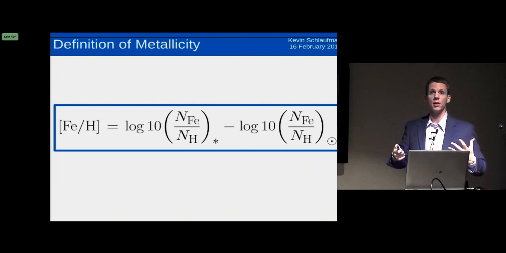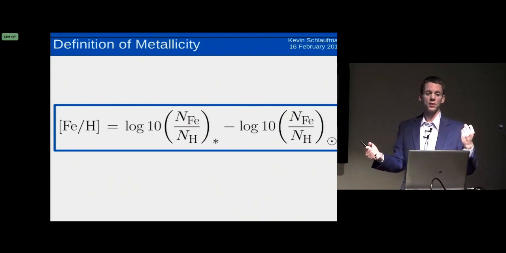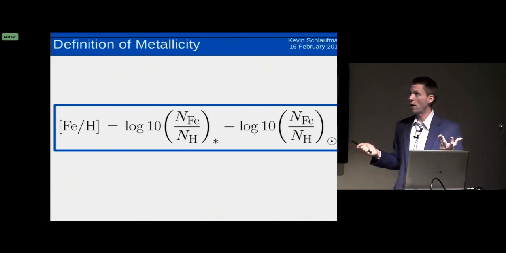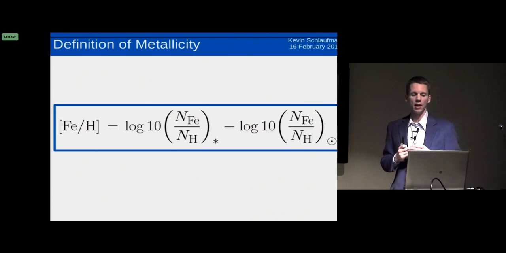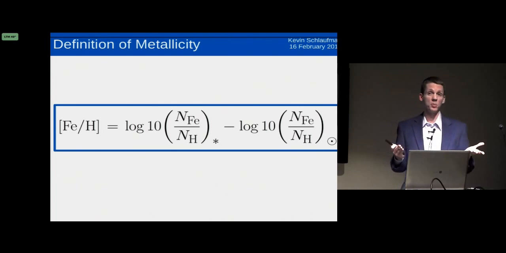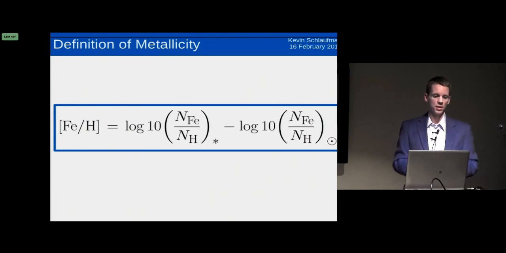It has the same ratio of the number of iron atoms to the number of hydrogen atoms. If I were to say that a star had a metallicity of plus 0.3, that would mean that it had twice as many iron atoms relative to hydrogen atoms as the Sun. And if I said it had a metallicity of minus 0.3, I'd be saying it had half the number of iron atoms relative to hydrogen atoms in that star's atmosphere.